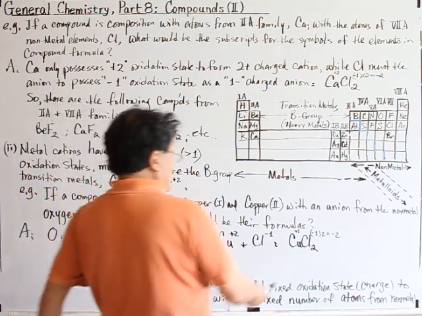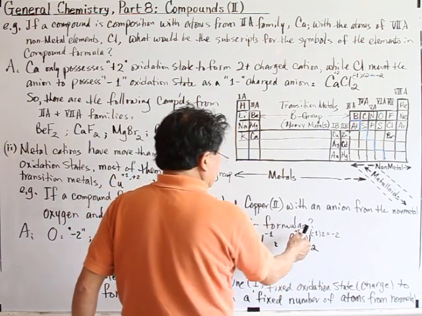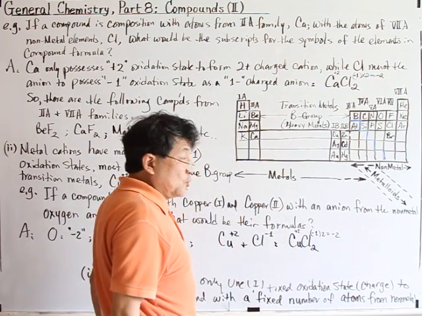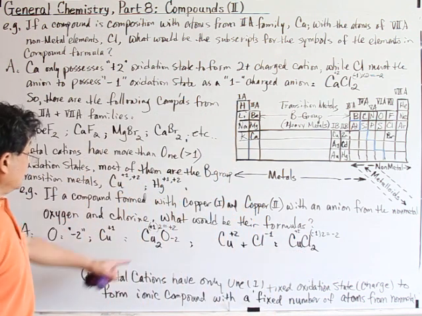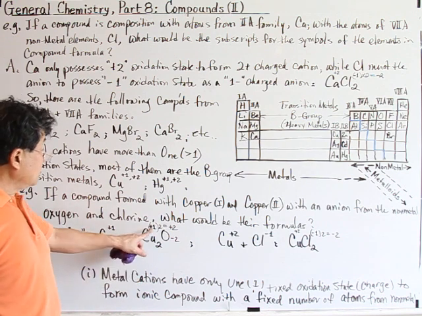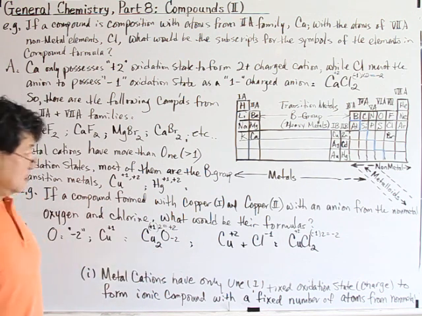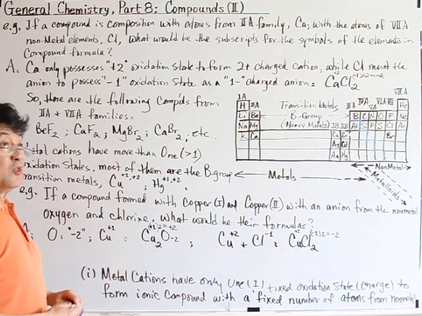This is called cupric, C-U-P-R-I-C, cupric, with the higher oxidation state, and the chloride. The other one should be cuprous, the lower oxidation state, plus 1, oxide. So that is the old naming system we call nomenclature.